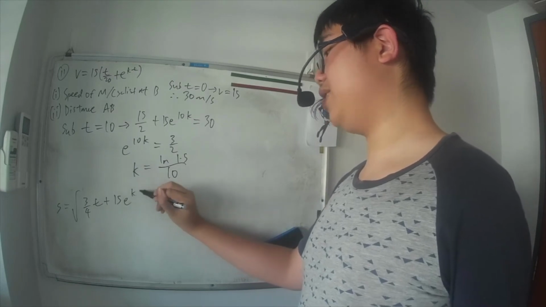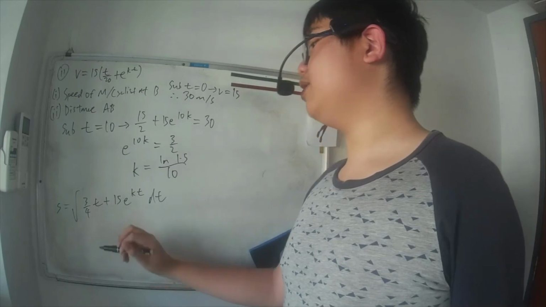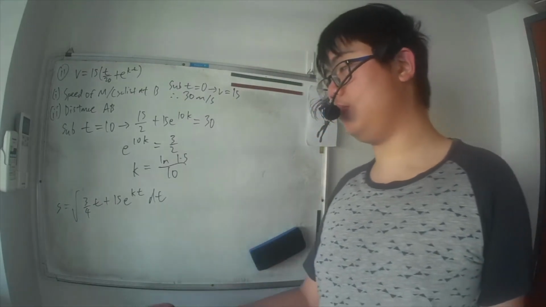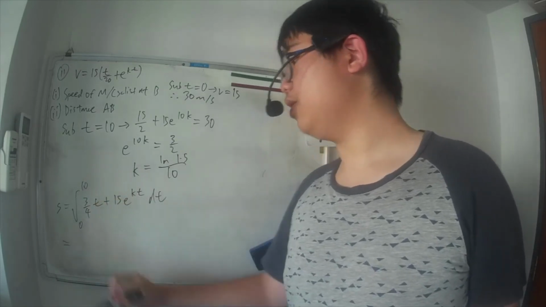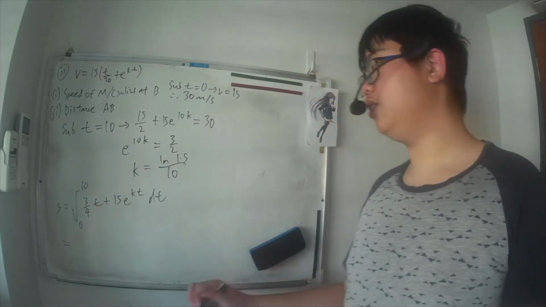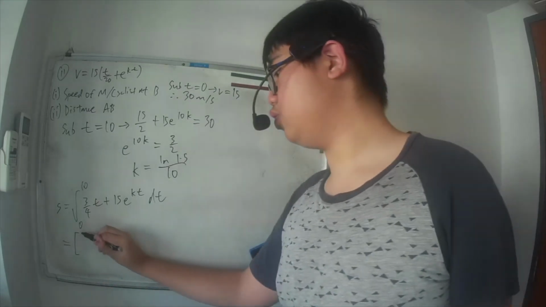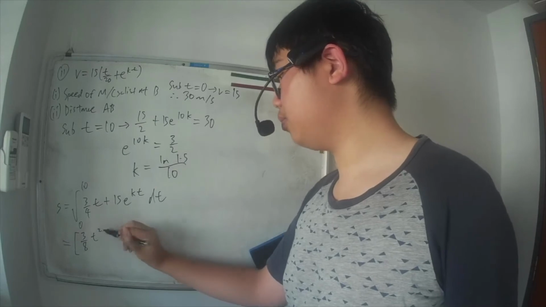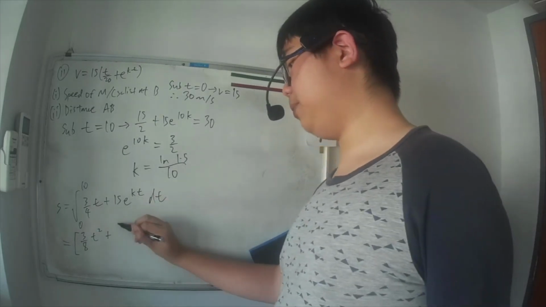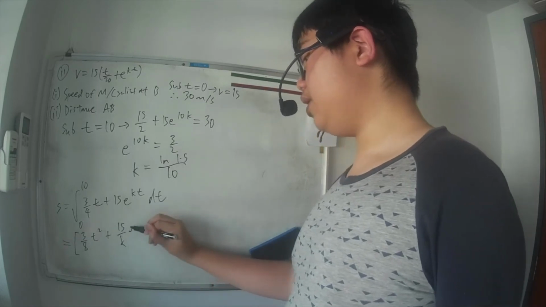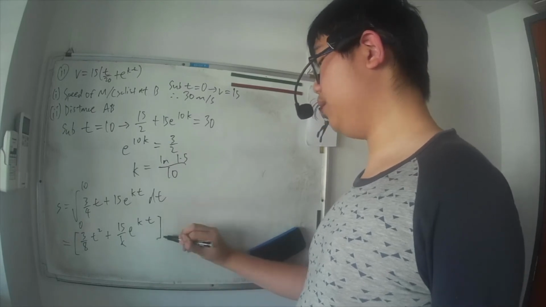I'm going to leave it as k for now, dt, and this is going from 0 to 10, right? So this is a definite integral. There's no plus c here. So this is 3 over 8 t squared, and then we must divide by k on this side, plus 15 over k e^(kt), going from 0 to 10.